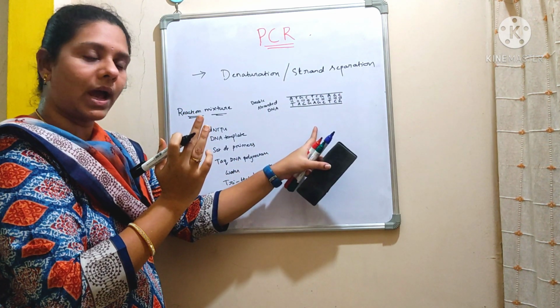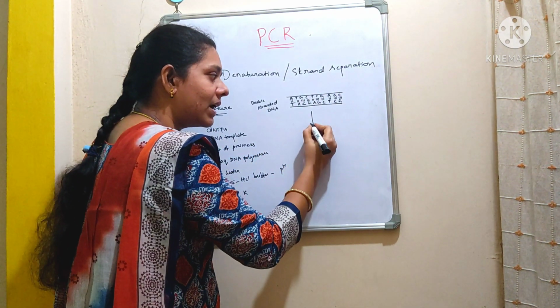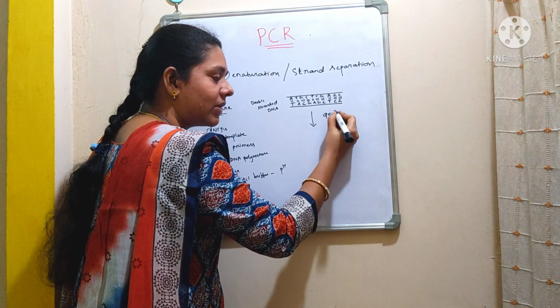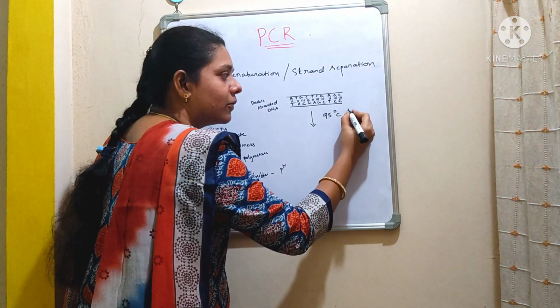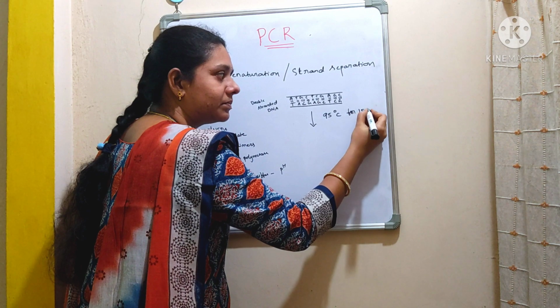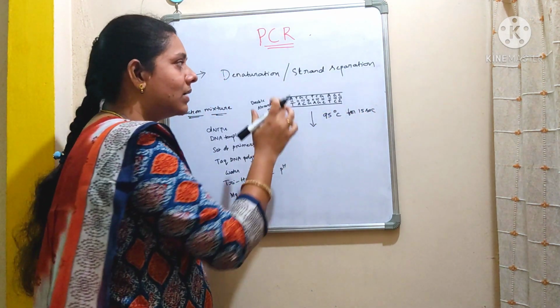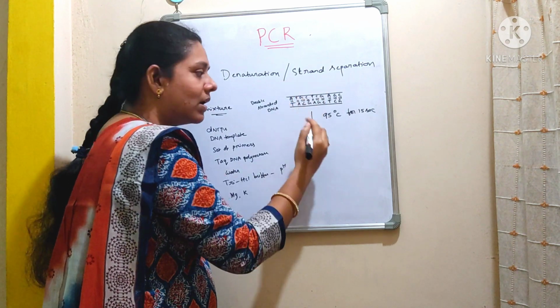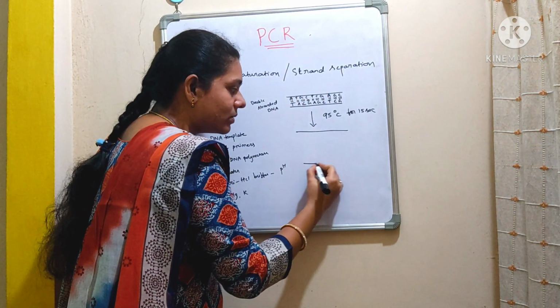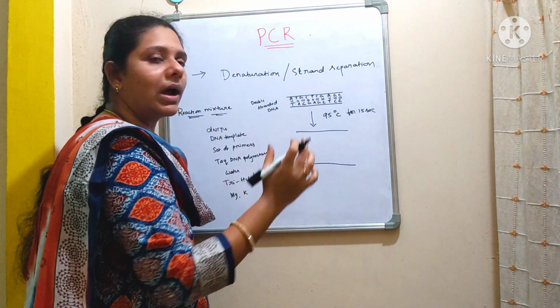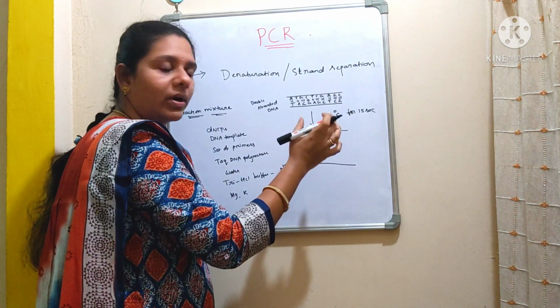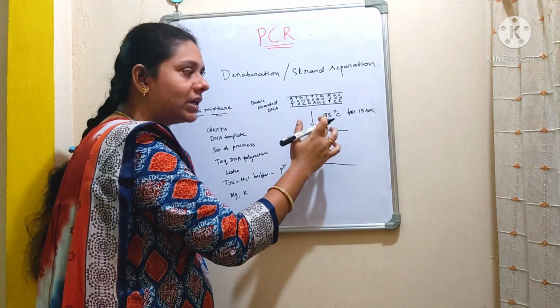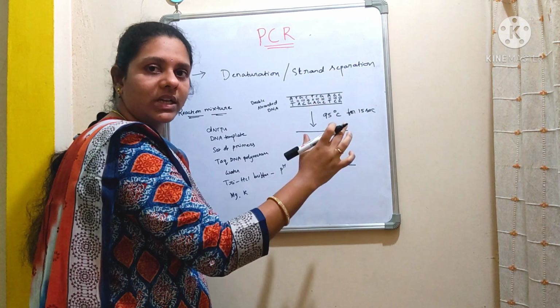Here what is going to happen? When you apply a temperature of 95 degrees centigrade for 15 seconds, the strand is going to separate. This is a double stranded DNA, right? Both the strands are going to separate once you apply heat, that is, you maintain a temperature of 95 degrees centigrade for 15 seconds.